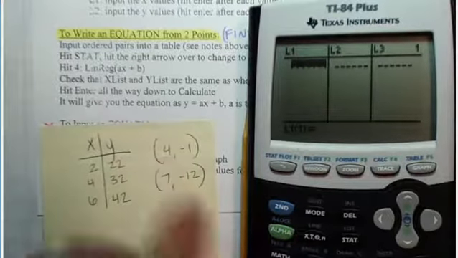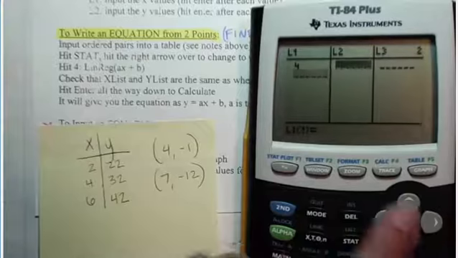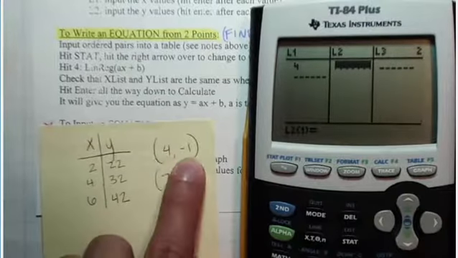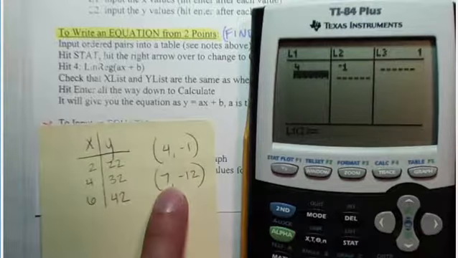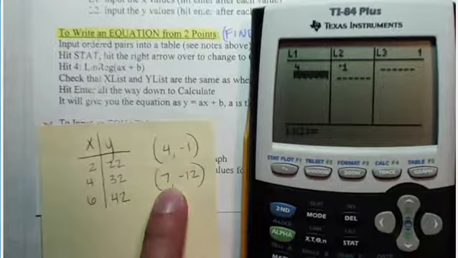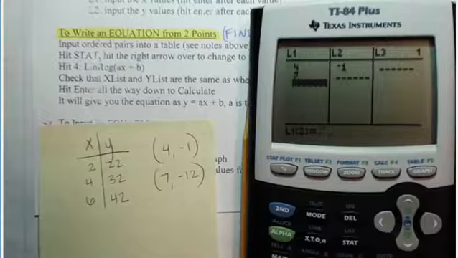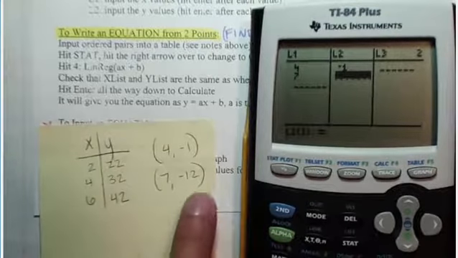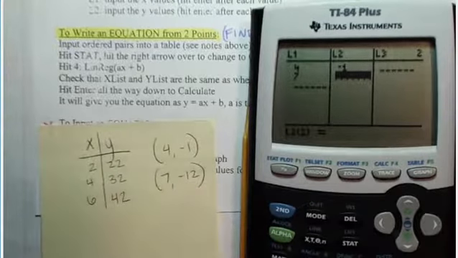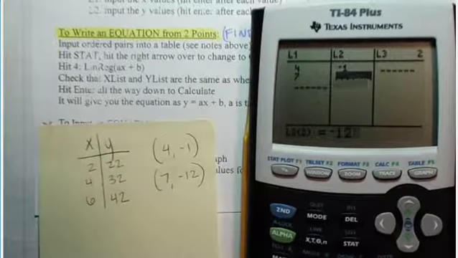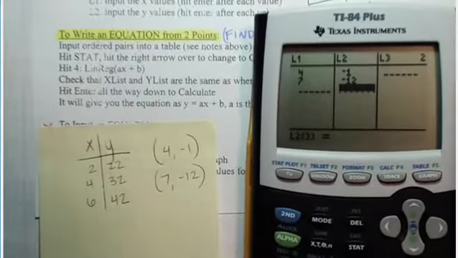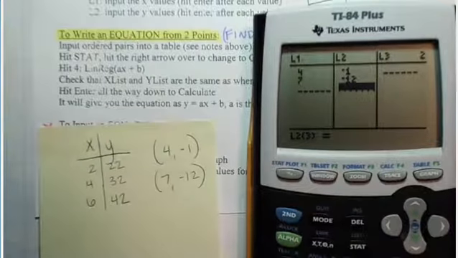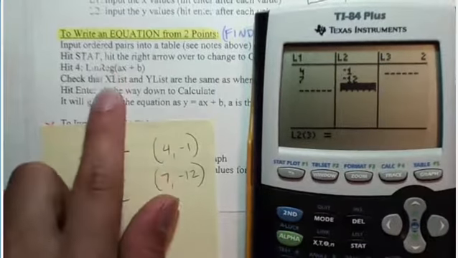And I'm going to go ahead and enter this in. So the X here is 4. The Y that matches up with the 4 is -1. The next point is 7, so I'm going to enter 7, enter. Then I'm going to use my right arrow. 7 and -12 go together. So I'm going to enter that in. So I have my 2 points, and I use the same exact buttons. Okay, this time the buttons are written out here.